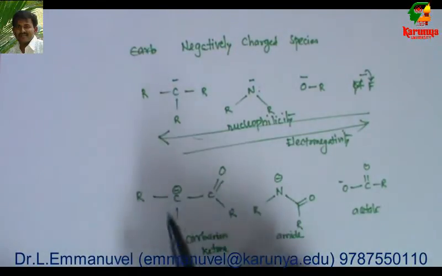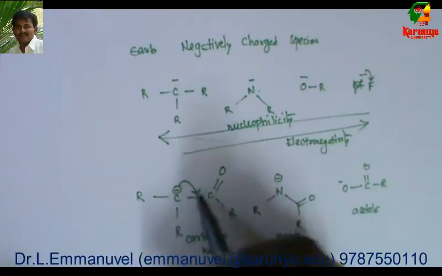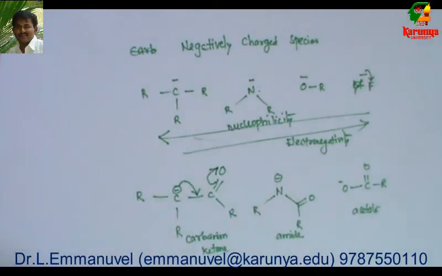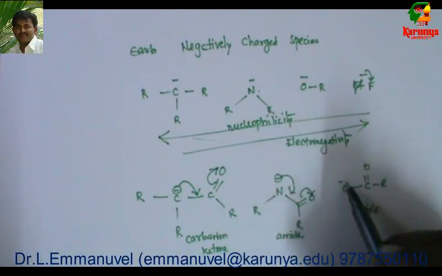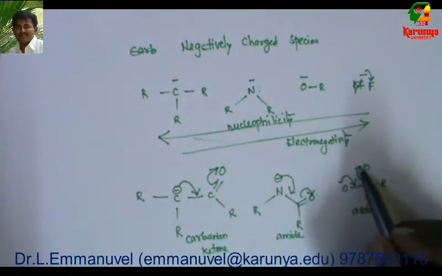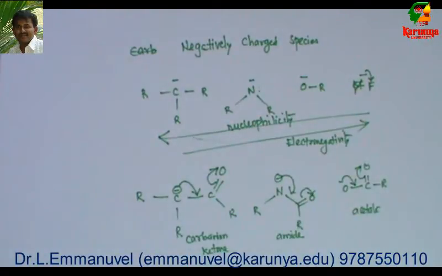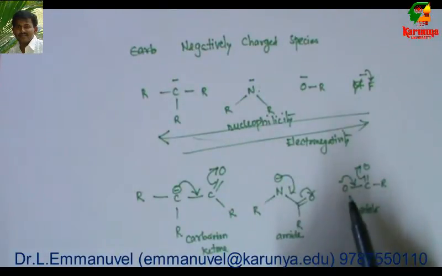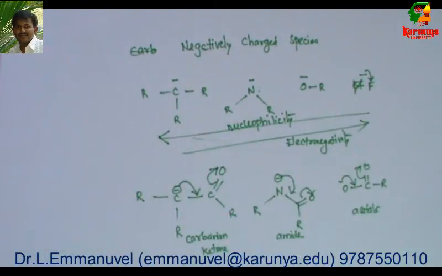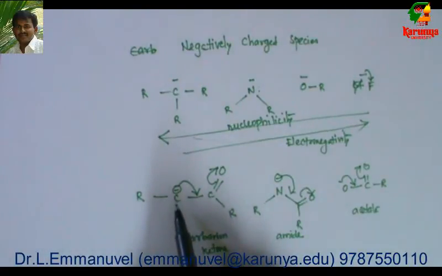Now this minus charge can delocalize like this. Similarly, as a result, the available electron cloud on this carbon or nitrogen or oxygen becomes less. In other words, this carbanion is resonance stabilized.